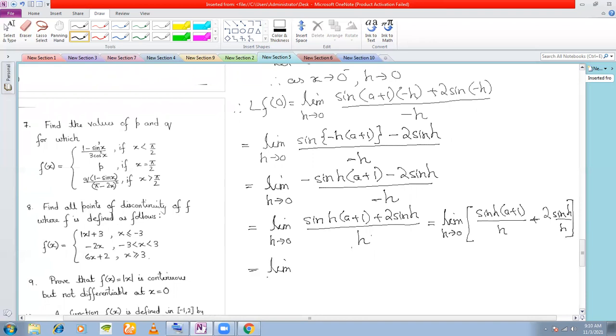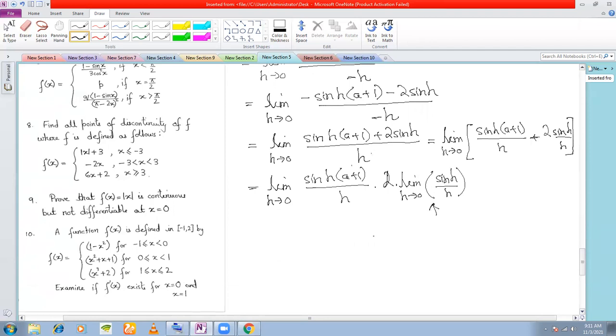You get limit h tends to 0 sine h times (a plus 1) by h plus twice limit h tends to 0 sine h by h. Okay, so the value of limit h tends to 0 sine h by h is 1, so you can take 2 out of the limit and write this as twice limit h tends to 0 sine h times (a plus 1) by h.